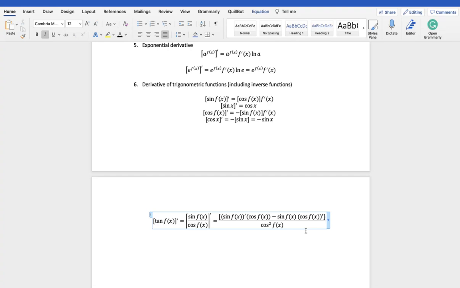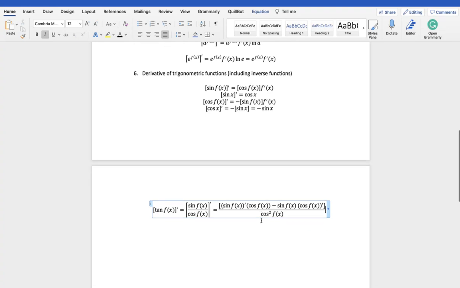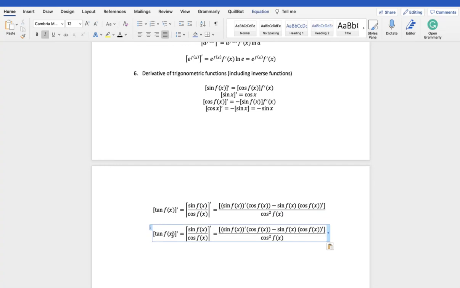Now if you apply it to the special case where f of x is equal to x, what do you get?